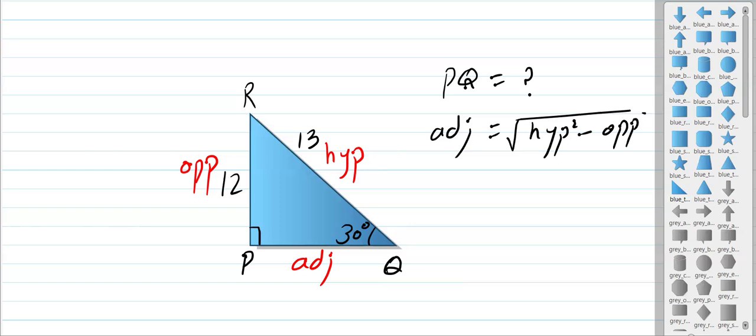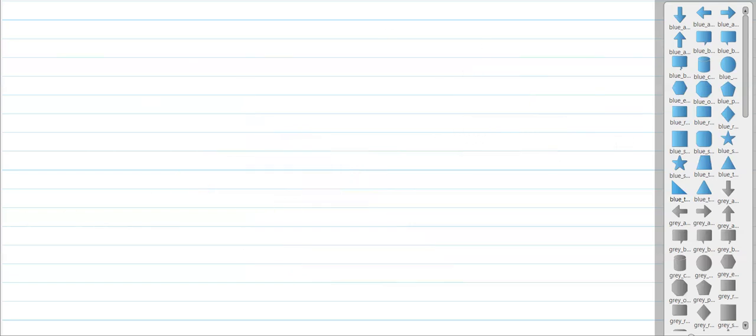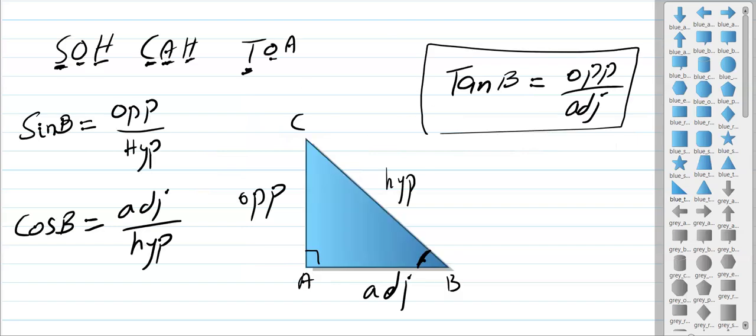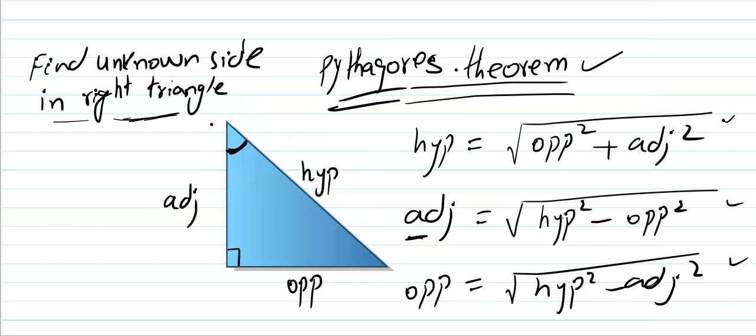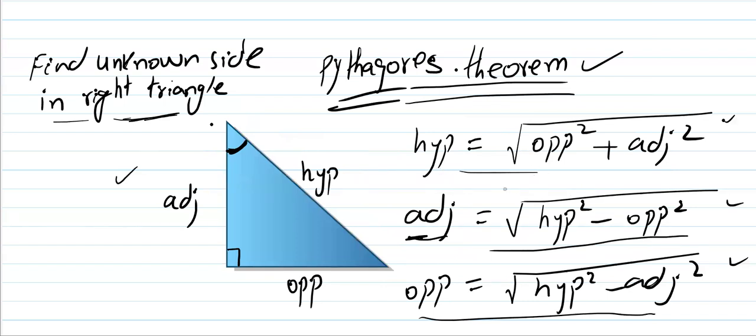Yes, this I told you here, the Pythagoras theorem. So as you have to find the adjacent, you will use this. If you have to find opposite, you will use this. If you have to find the hypotenuse, you will use this.